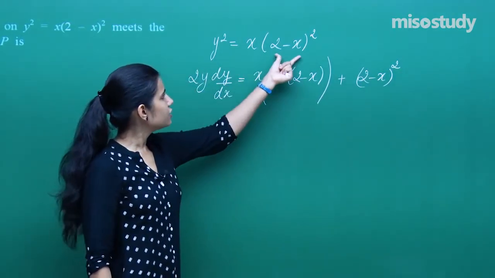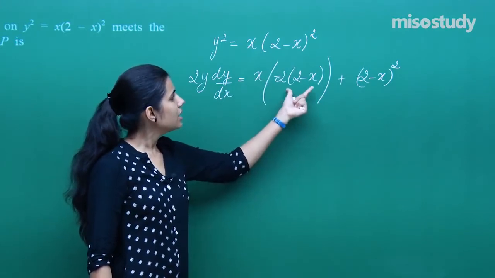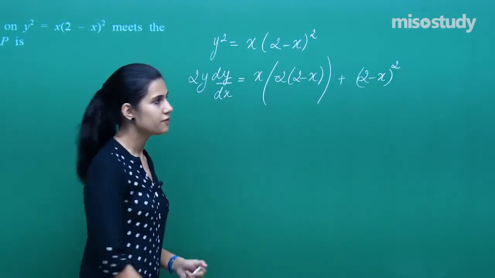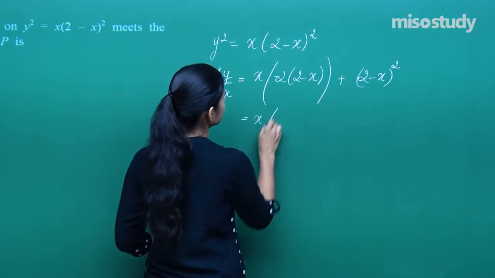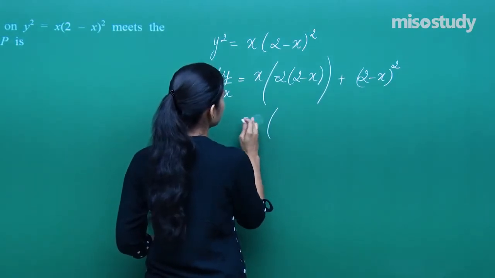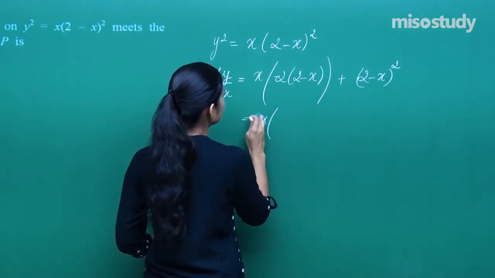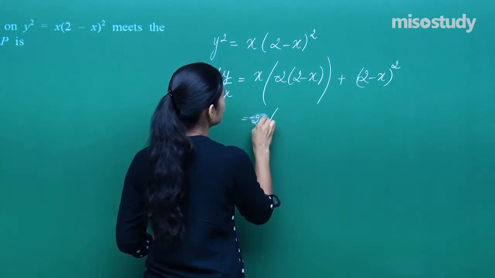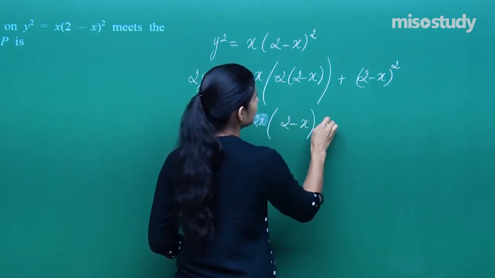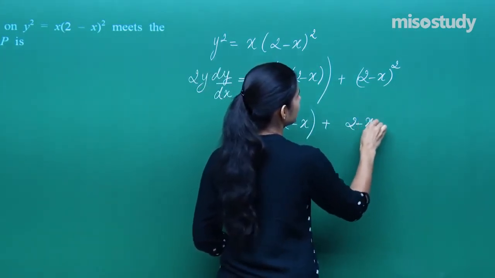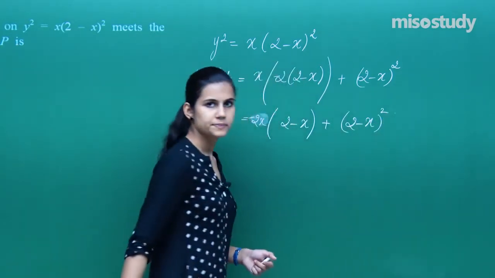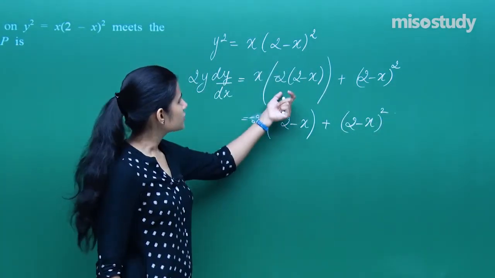So first number into differentiation of the second number plus second number into differentiation of the first. So from here you get minus 2x common. Inside you have 2 minus x plus 2 minus x whole square. This is what you get.